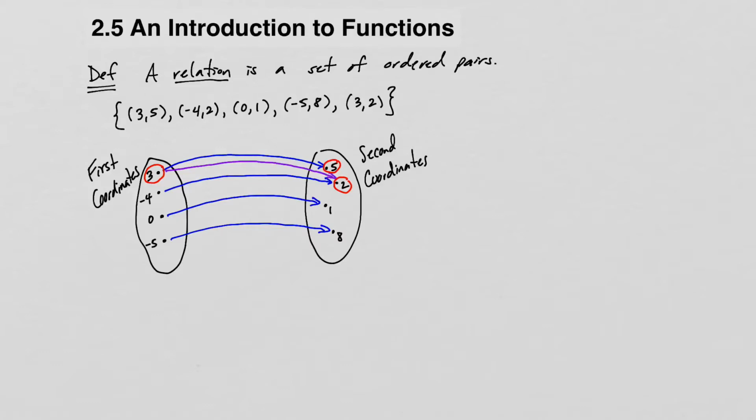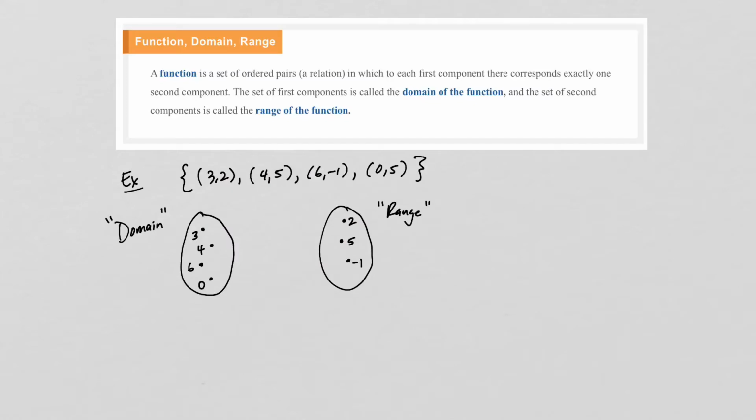So let's introduce the concept of a function. A function is a set of ordered pairs, which is the same thing as a relation, in which to each first component there corresponds exactly one second component. And those are the key words. You get exactly one, not more than one.